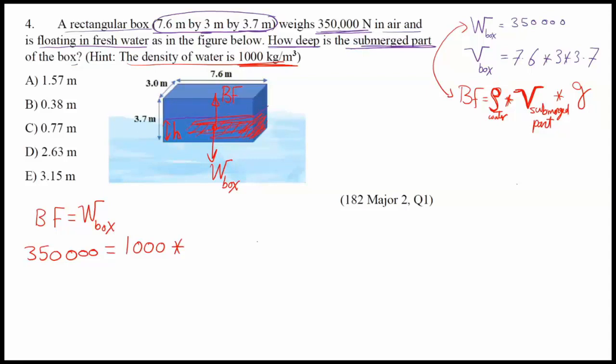I don't know this volume, so I will call it V sub, times g, which is 9.8. So from here I can find the volume of the submerged part. Please do it and find the answer, guys. What's the volume of the submerged part? If you have a calculator, please try to do it.